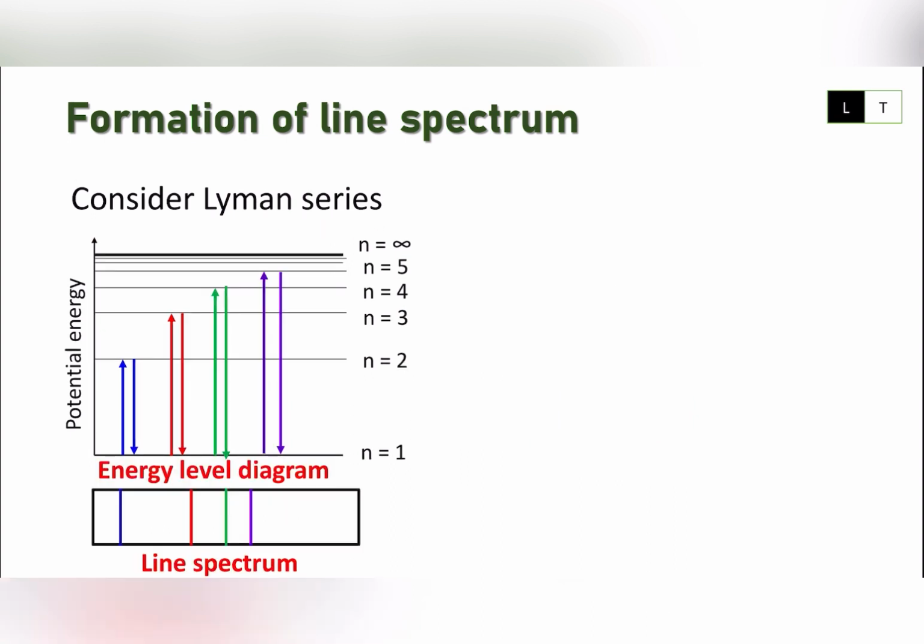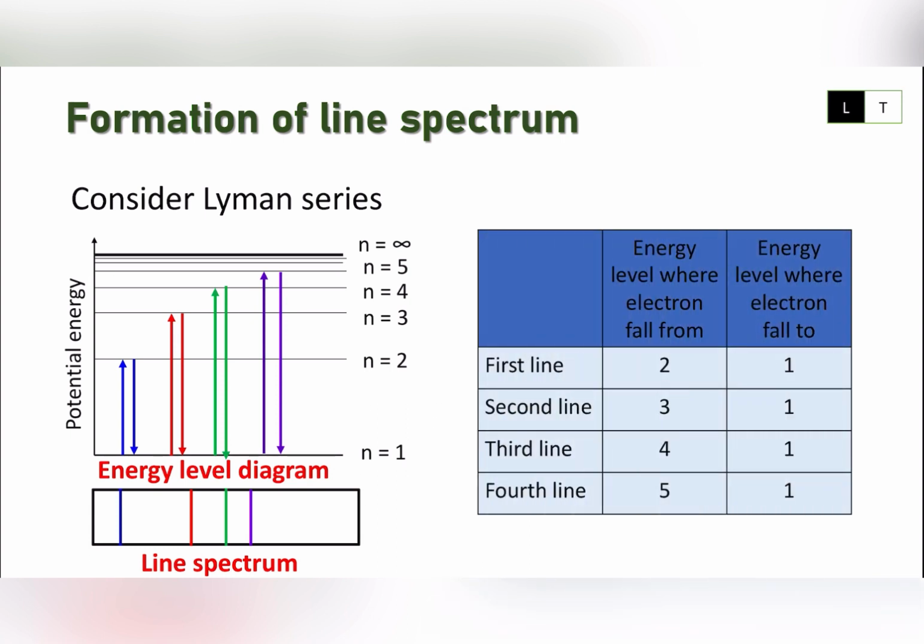So based on the information that you got just now, the first line, the blue one, indicates where the electron falls from n equals 2 to n equals 1, from the second energy level to the first energy level. And you can see for the second, third and fourth lines, these are all the values starting when the electron falls back down to the lower energy level.